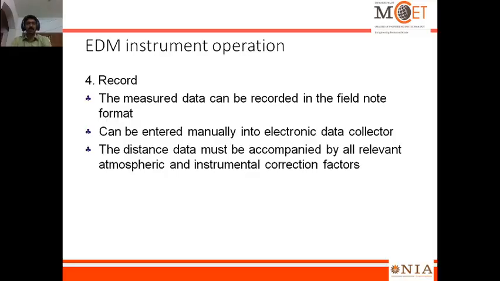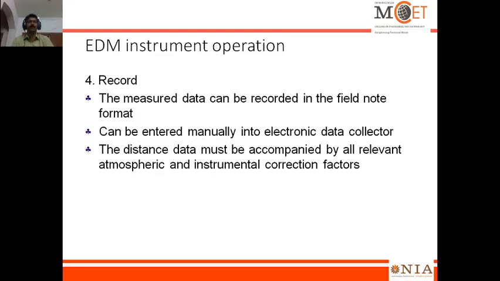The measured data can be recorded in field note format, or entered manually into an electronic data collector. In the latest instruments, inbuilt storage is available, and through a USB connection it can be transferred to the system also. Nowadays with Bluetooth and network facilities, if you can connect, we can transfer just like we do on a mobile.